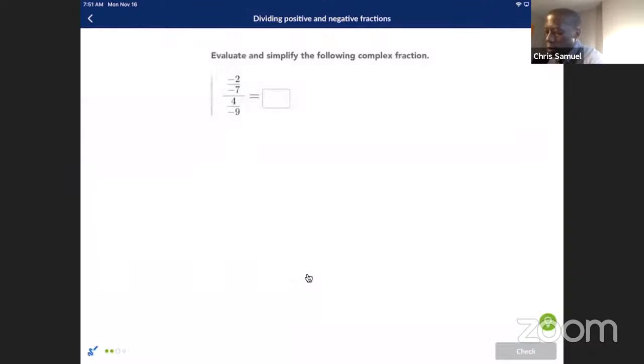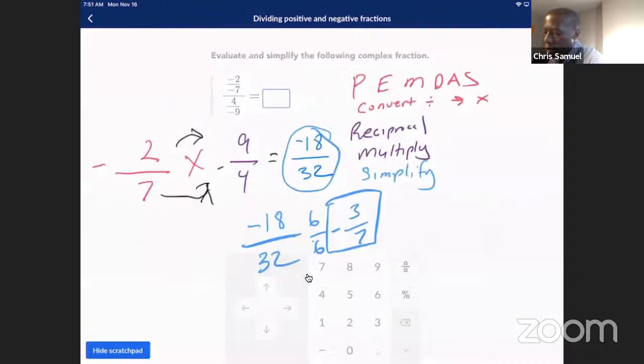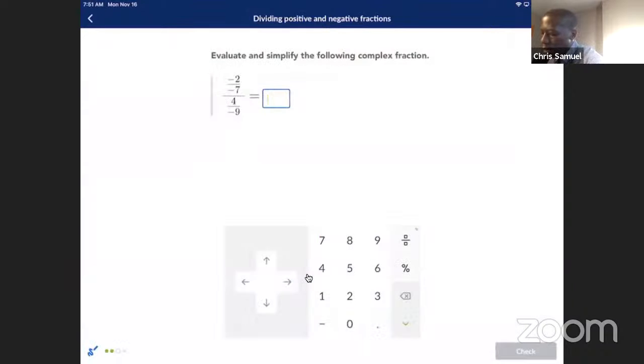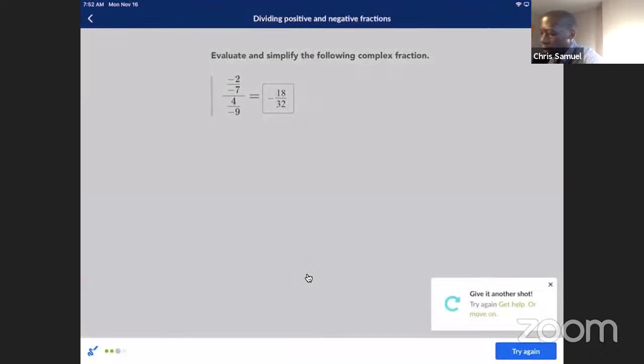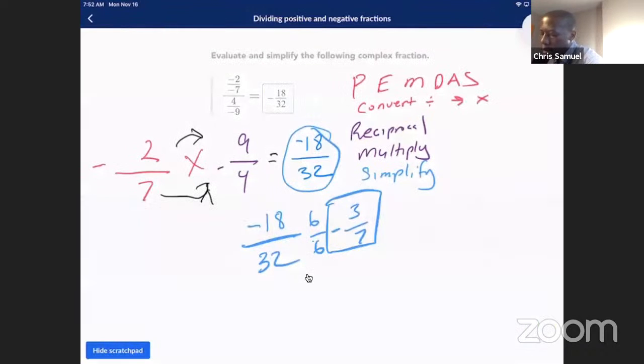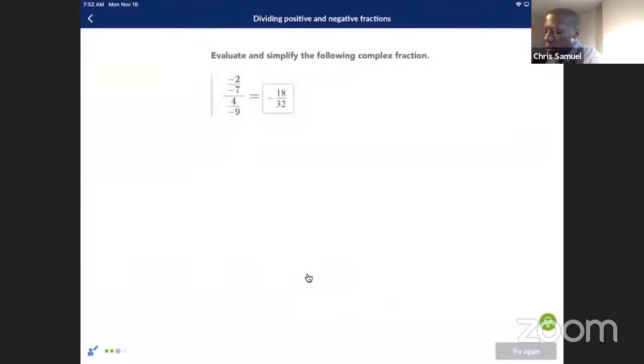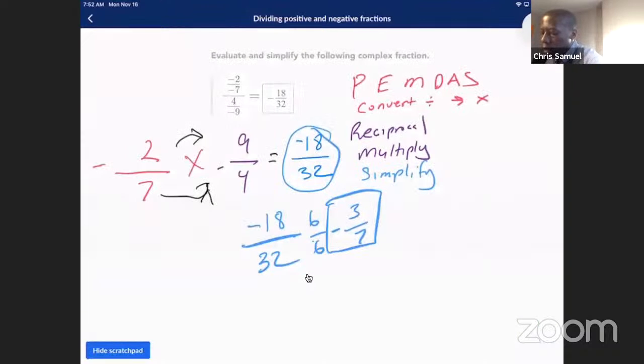So first, let's go ahead and plug in negative 18 over 32. And it's going to say simplify. No, it doesn't. I think that there actually was an issue with it. That doesn't make any sense.